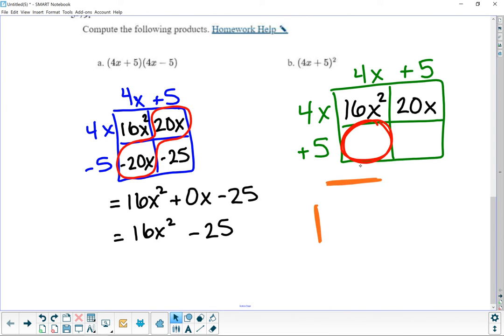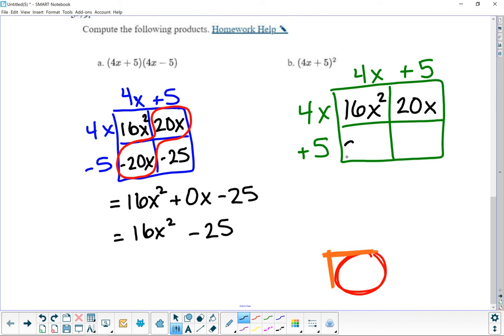This right here, this is the length of that times the width of that. So that's 5. The length is up here, but then we'll see that it's the same as that length right there, which is the 4x. So 4x times 5. And again, it's the same scenario. It's 4 times 5 is 20. And then x is just x because between both of those, they only have one of the x.